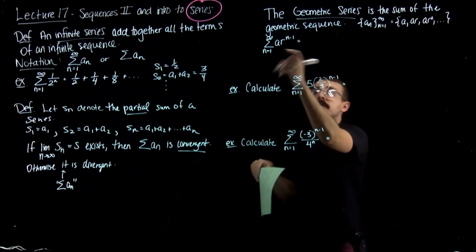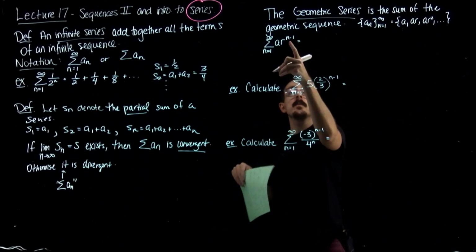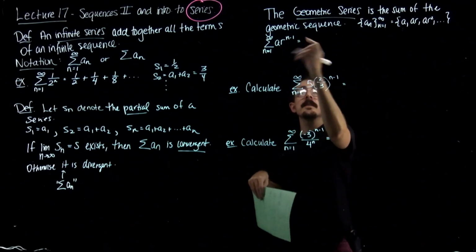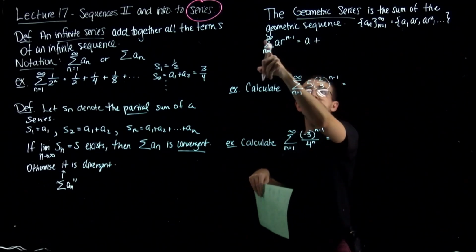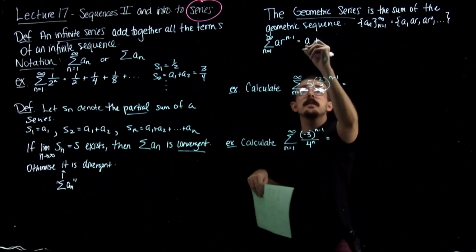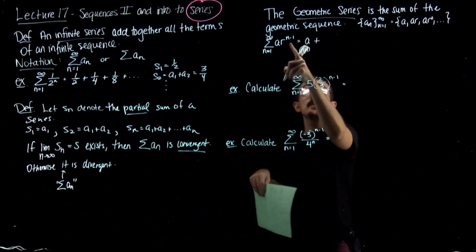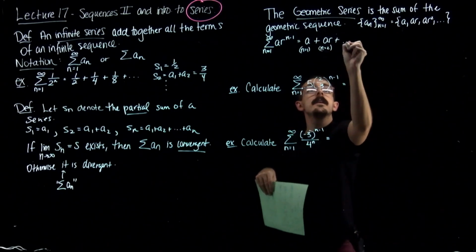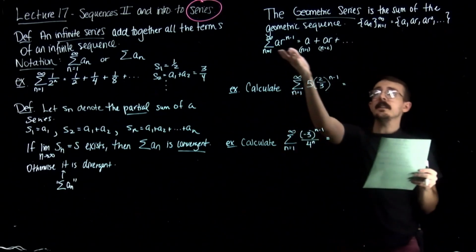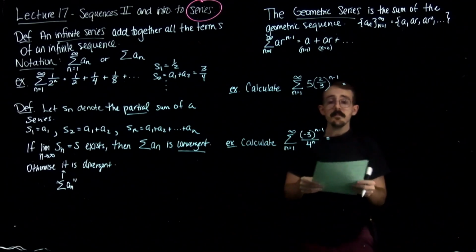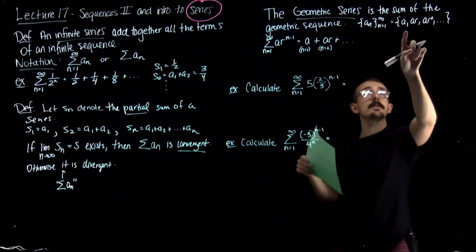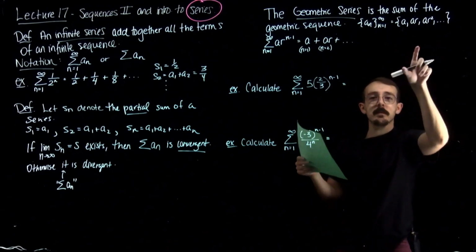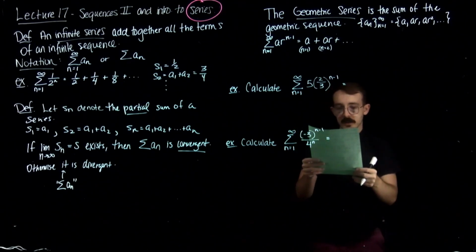If I plug in my values for n, if n equals 1 here, I get a times r to the 0, which is a. And it's a sum, so you add all these together. If n equals 2, you get ar plus, and it continues. It's that infinite sum right there. This is a very special type of series because you have that fixed r getting multiplied into each subsequent term.